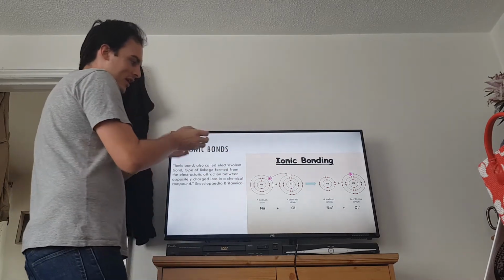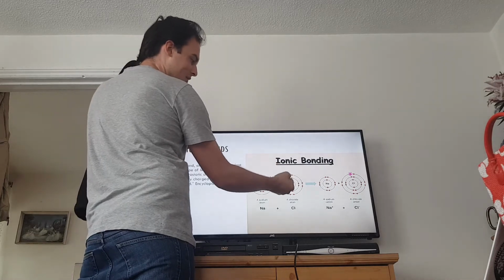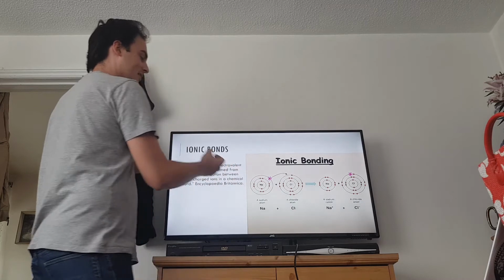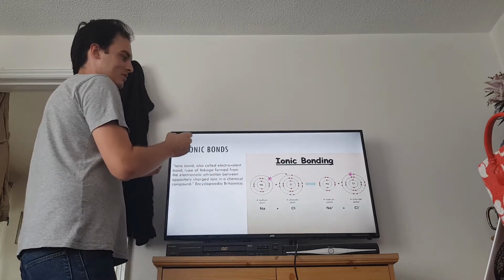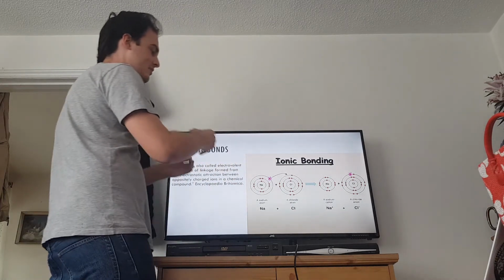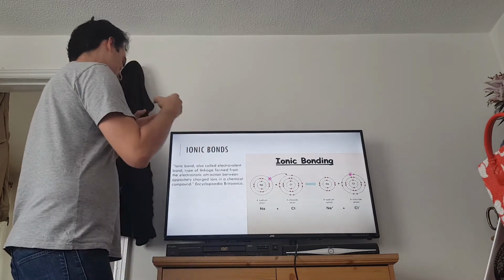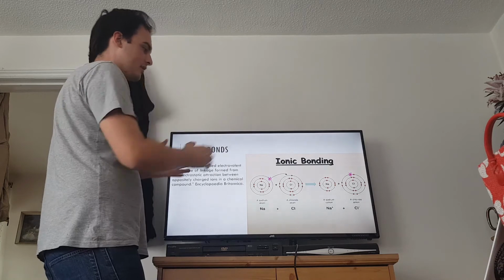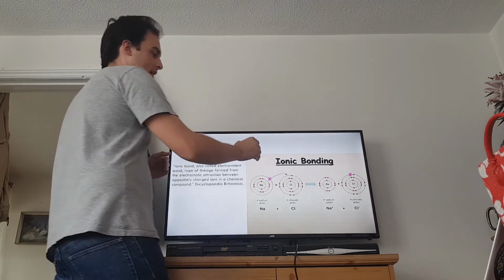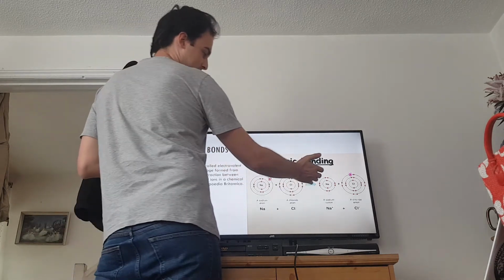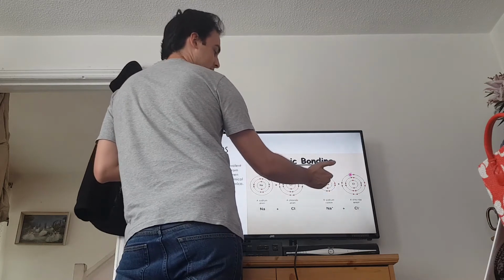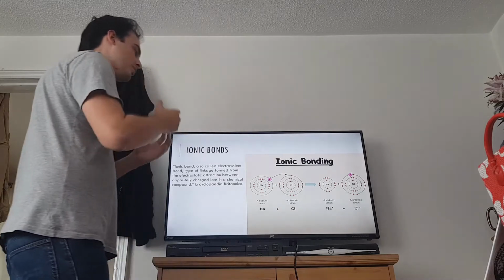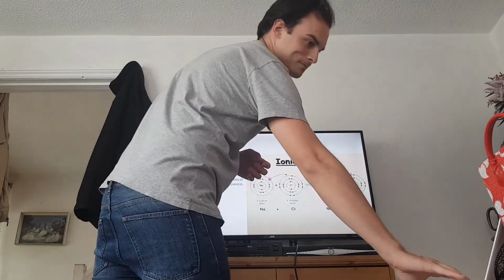So it's very easy for the strength and power of the chlorine's nucleus to pull away that sodium electron, and this creates a bond between them, the electrostatic force of this electron moving over to chlorine. The sodium has now become a cation with a plus charge, and the chlorine has become a minus, and these are now bonded together because of that exchange.